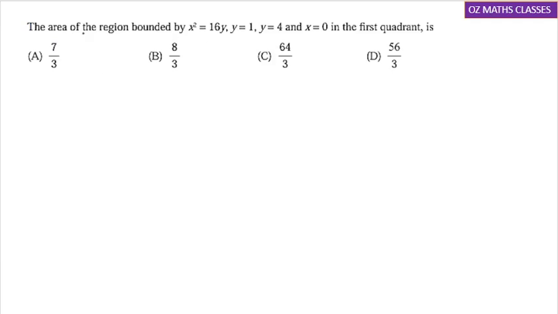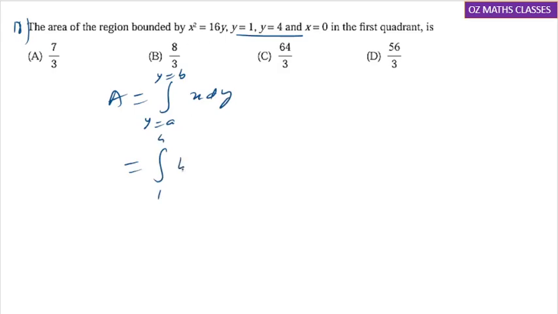Then question number 18. Area of the region bounded by x square equal to 16y, and so here the y coordinate is moving. The required area will be the integral from y equal to a to y equal to b of x dy. Y is moving from 1 to 4, and x will be 4 root y dy.